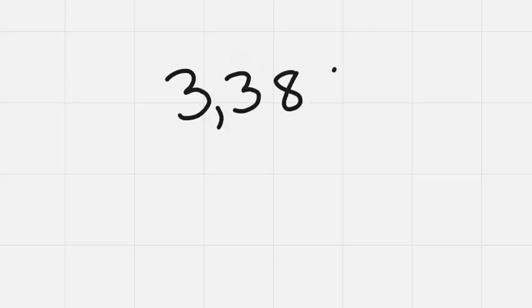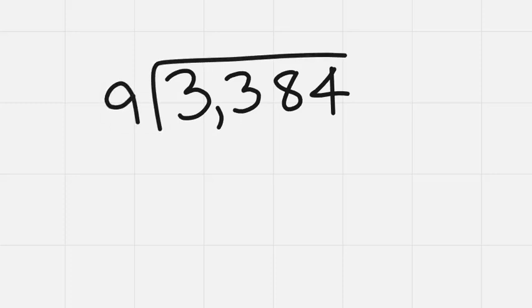Our next problem is 3,384 divided by 9. We'll begin by looking at the first number, which is 3. 3 is less than 9, so we can't use it. We need to look at the digit next door, which is also 3.